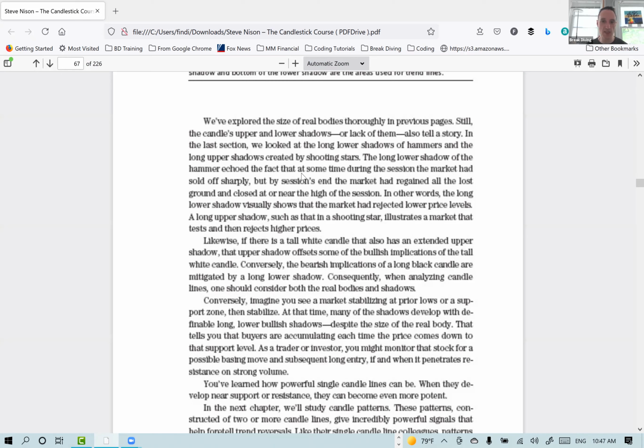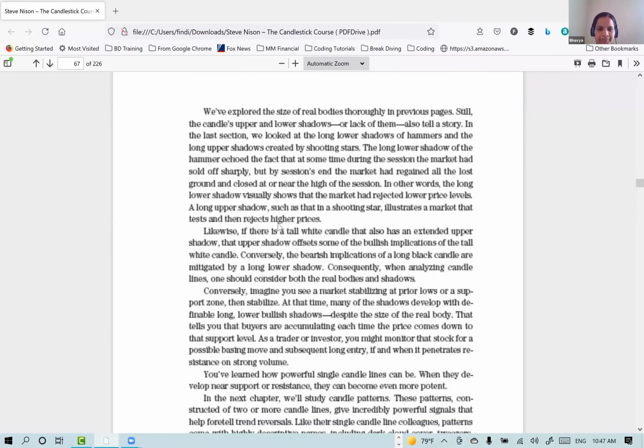But by session's end, the market had regained all the ground lost and closed at or near the high. In other words, the long lower shadow visually shows that the market had rejected lower price levels. A long upper shadow, such as in a shooting star, illustrates a market that tests and then rejects higher prices. That makes sense.